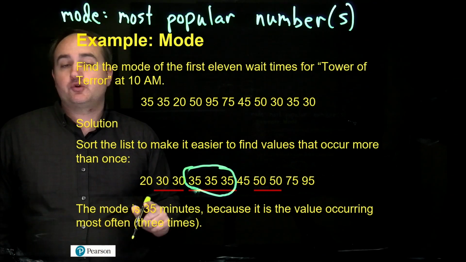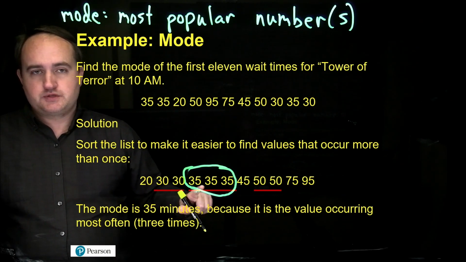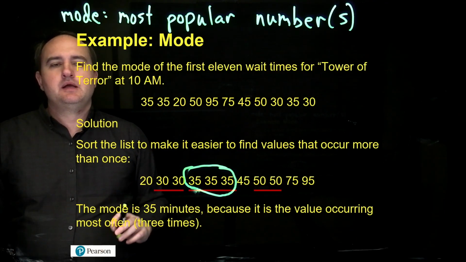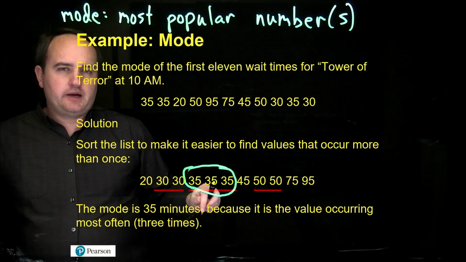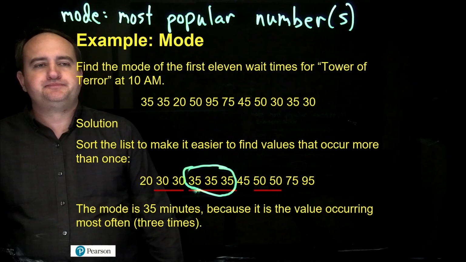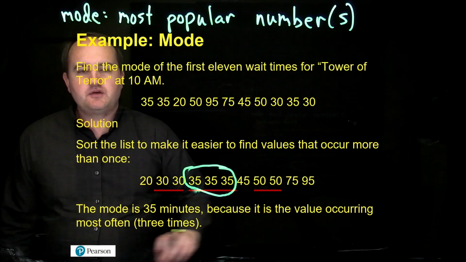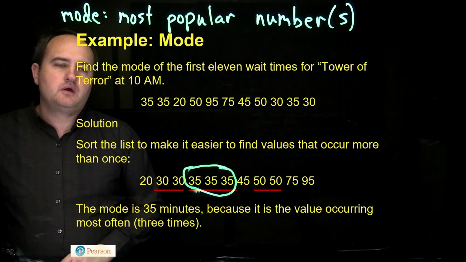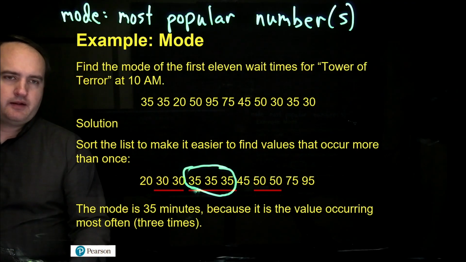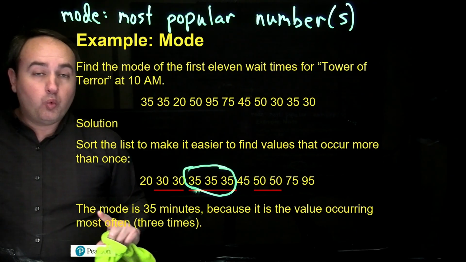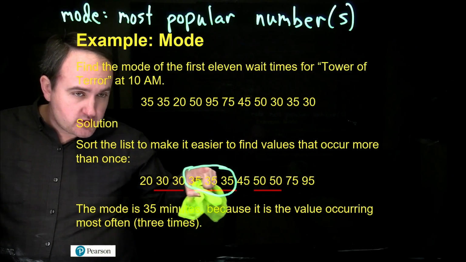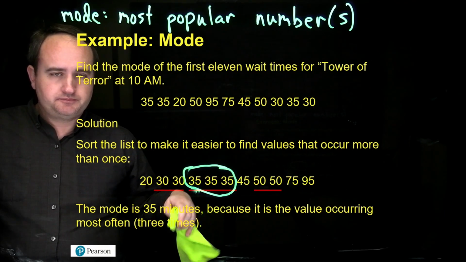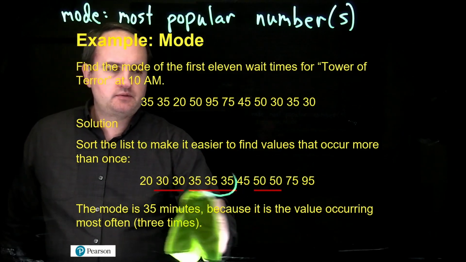So we say that this only has one mode, which is 35. So 35 wins the popularity contest, most popular number. So the mode is 35, because it is the value occurring most often, it occurs three times. Okay, and that's an example of having one mode, because there was only one number that beat all the other numbers. It won the popularity contest.